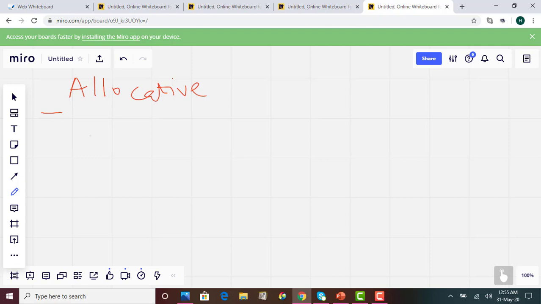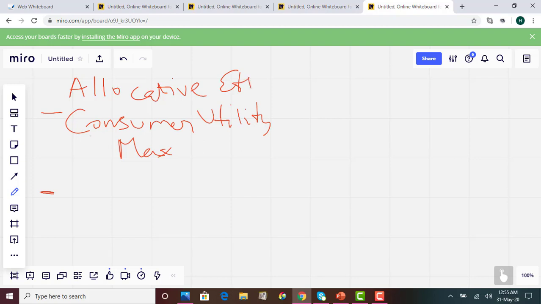The first one is consumer utility is maximized. Second, from the producer side, when the businesses are producing the good or service, they are producing at the minimum cost. Only then are we going to have allocative efficiency. So cost is minimized.